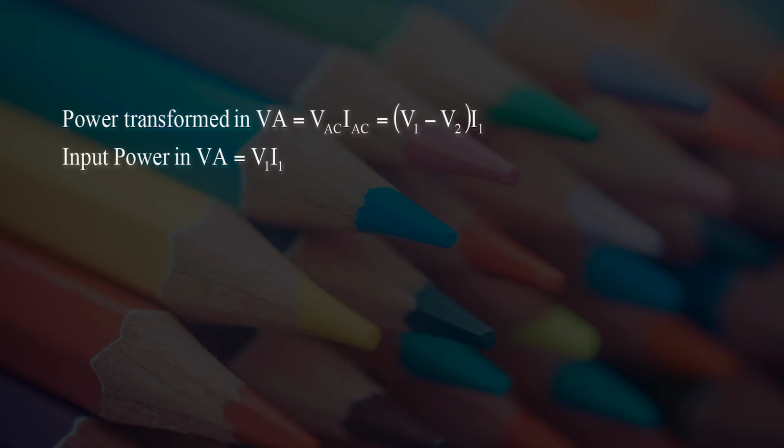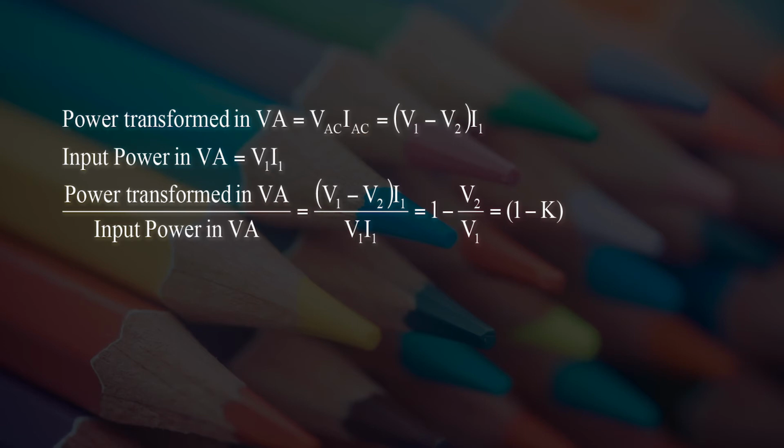So, you can also write the ratio of transferred power in VA to the input power in VA is equal to what? V1 minus V2 into I1 upon V1 I1. So, this can be written as 1 minus V2 upon V1, and this V2 upon V1 is what?